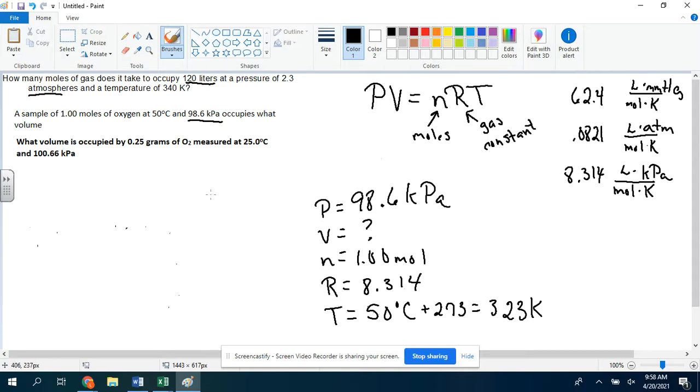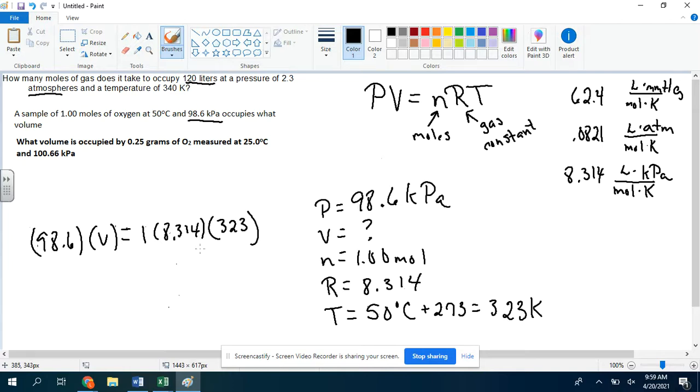Okay, so then we just plug in. So for P, we've got 98.6. We don't know our V. Our N is 1. Our R is 8.314. And our temperature is 323. Again, I know you like to combine like terms.